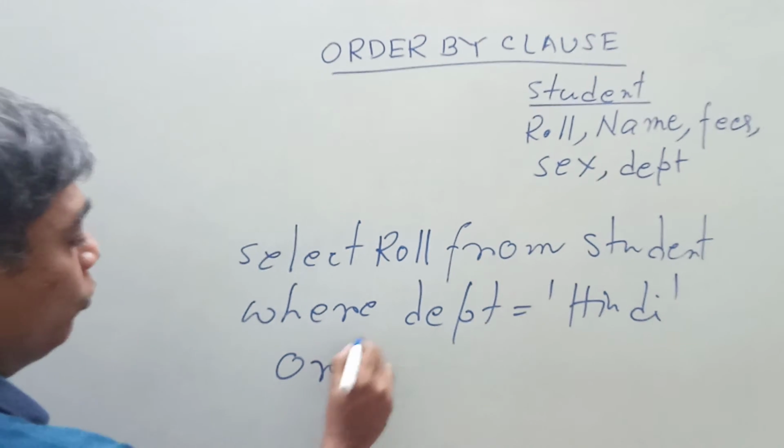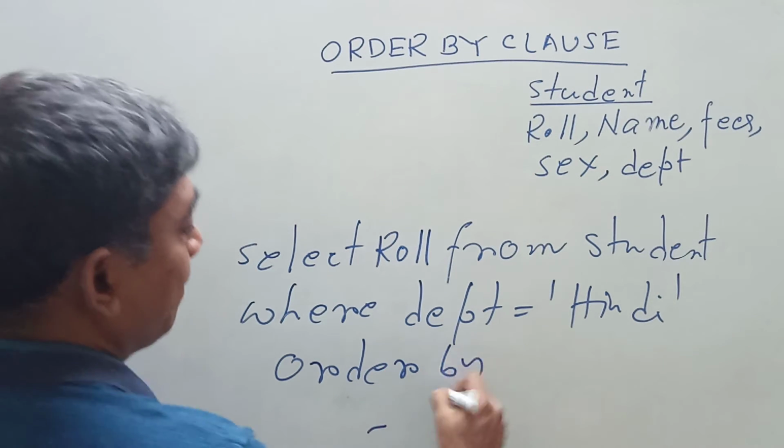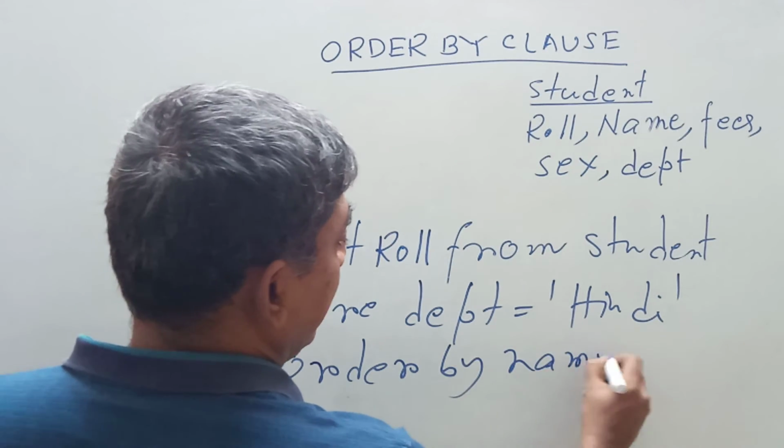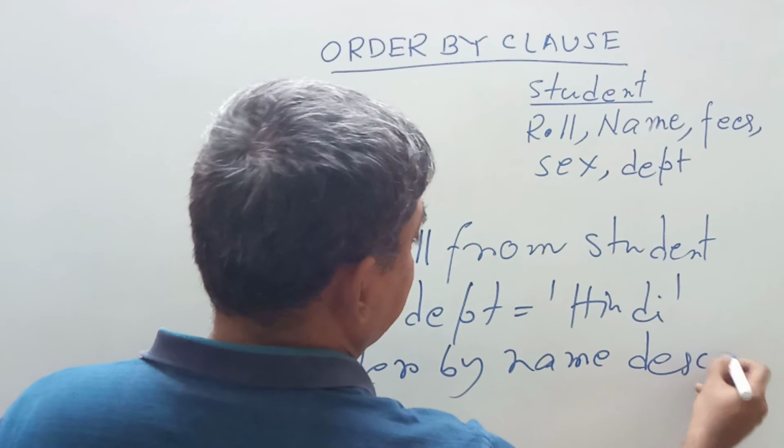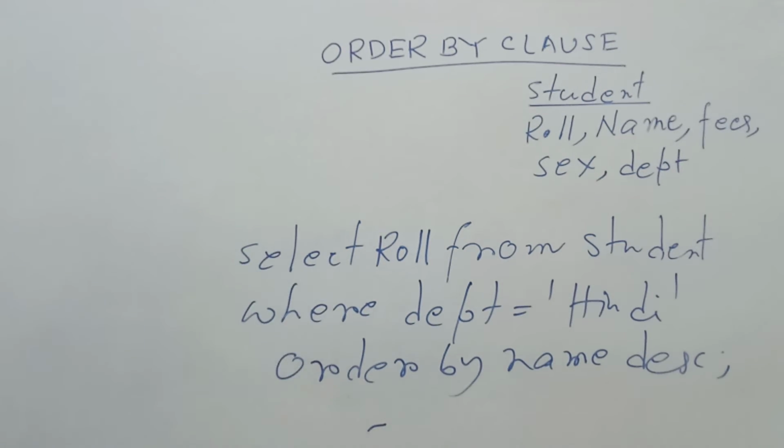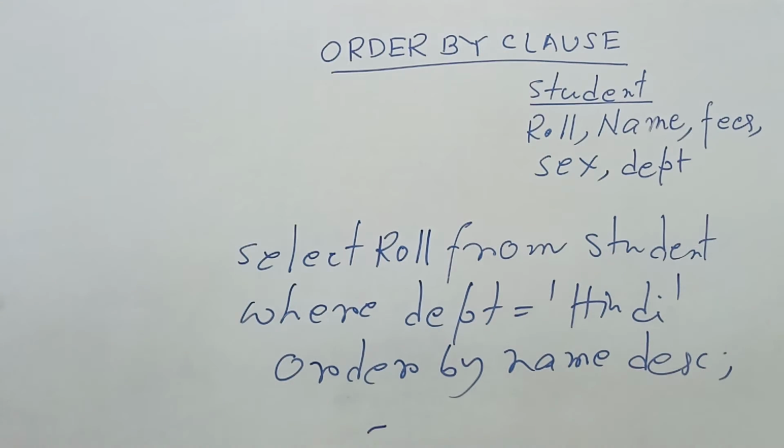After that we write order by name DESC. This is for descending. So it will display only the roll number of the students of Hindi department in descending order by their name.